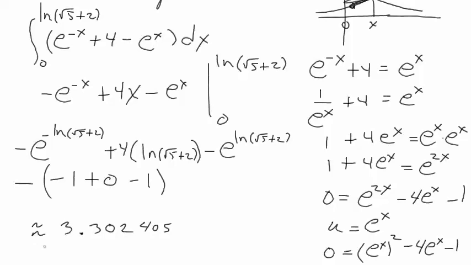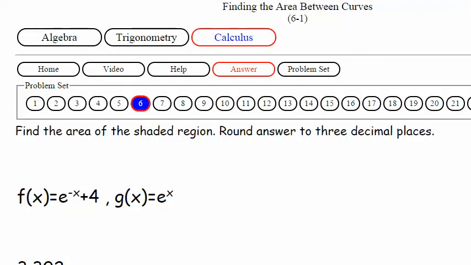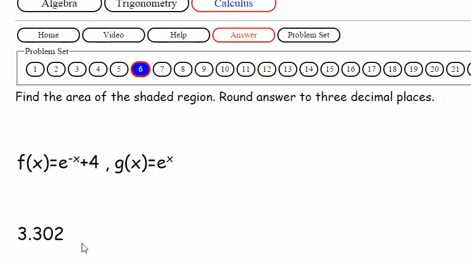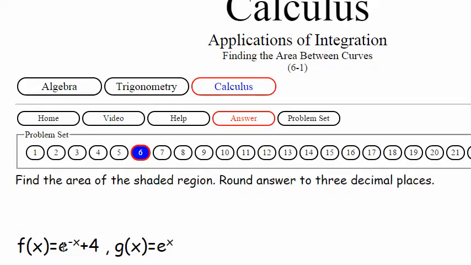We're rounding to 3 decimal places, I believe. 3.302. Yes, that's it. I already did that. 3.302. And I tried checking this in Mathematica. Mathematica said it could not solve it.